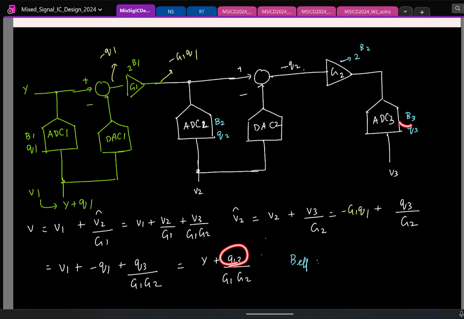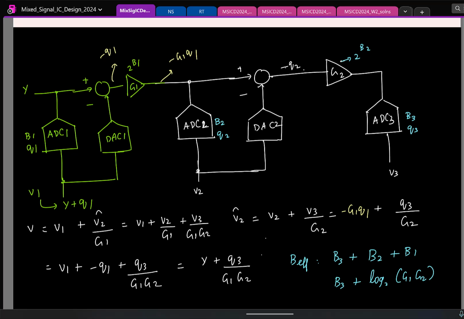Q3 is coming from an ADC with B3 bits of resolution, plus, in general it's B3 plus log to the base 2 of the gain you have. So this is how you do a 3-step ADC, and you can extend it. Is this fine? The idea is clear?